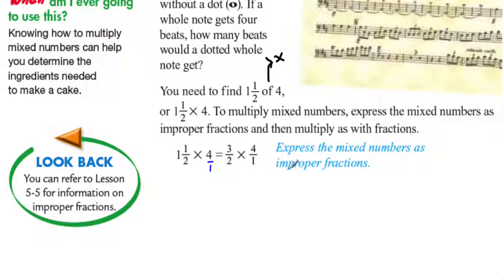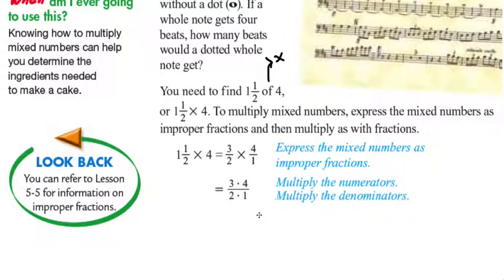So express the numbers as improper fractions, and then we follow the rule of multiplying fractions by simply multiplying the numerators and multiplying the denominators. We end up with 12 over 2, or simply 6. So a dotted whole note gets 6 beats.